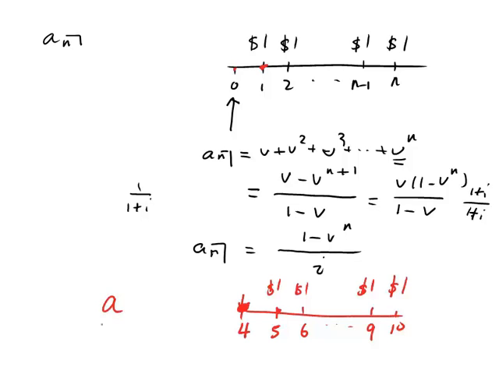So this is a angle 6 at interest rate I, discounting to time 4. My point is that the first payment doesn't have to occur at time 1. Whenever you discount this series of payments to 1 period before your first payment, you get this a angle n symbol.